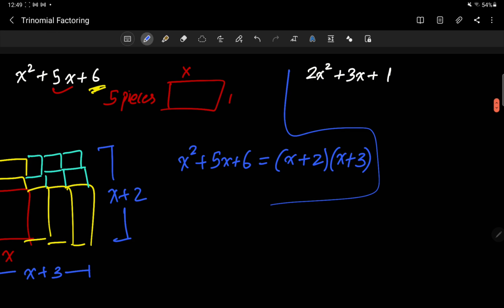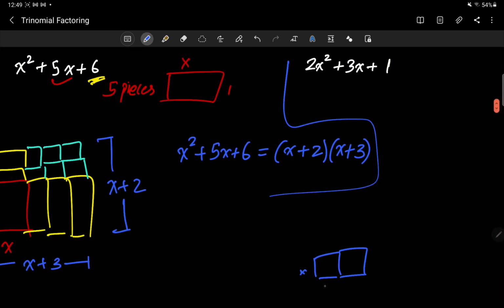Now the only difference is now you have 2x squared, so when you start, you have 2 of these big boxes, and then you have 3 small boxes, so I'm going to fit them as 1 and then exactly 1 small box, right? So this is going to be 2x plus 1 times x plus 1.